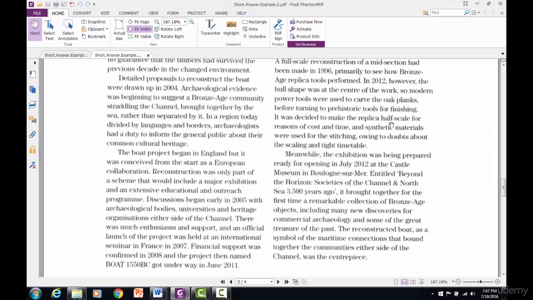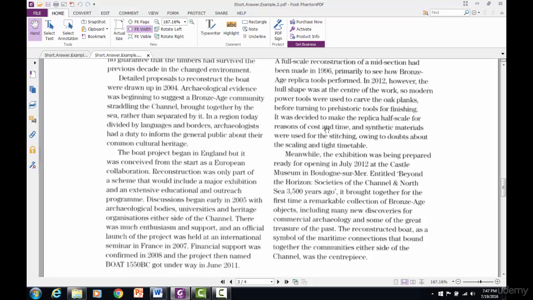This is the same as them saying they're not going to make it full scale. So it was decided to make the replica half scale for reasons of cost and time. There are our answers right there. Cost and time.